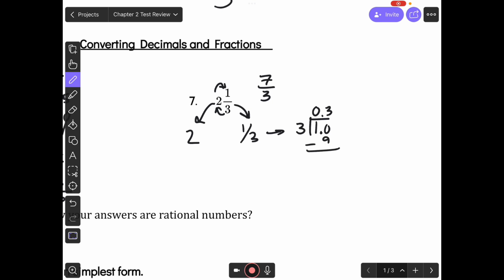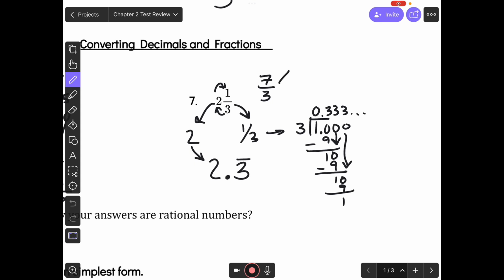I get a 9, and I'm left with 1. If I were to keep adding zeros, no matter how many times I tried it, I would keep getting this repeating pattern of 3s. So I can assume that that repeats forever. My decimal would be 0.3 repeating, and then I would just take my whole number and put it out front.